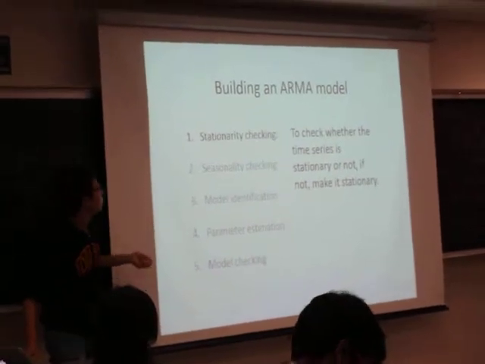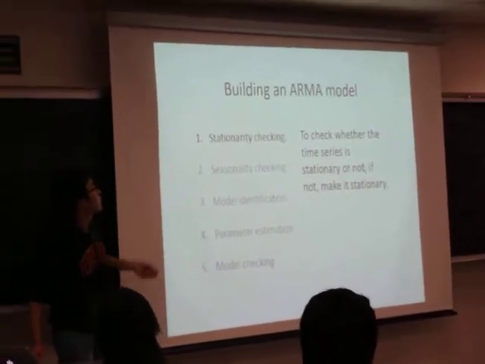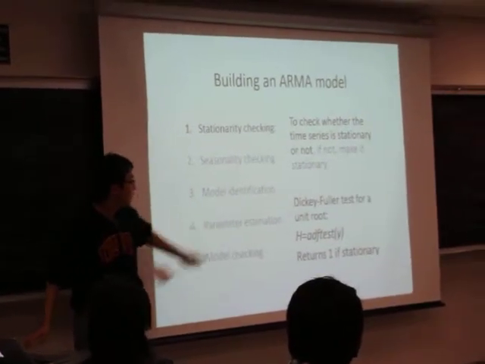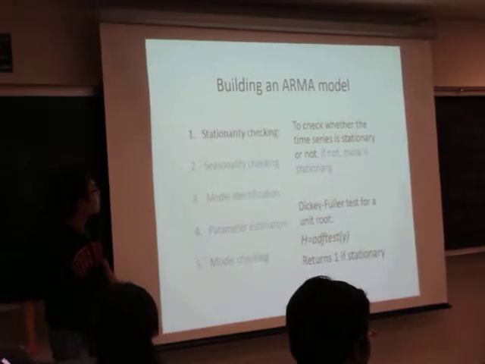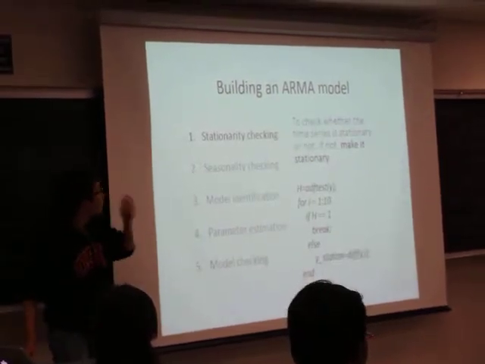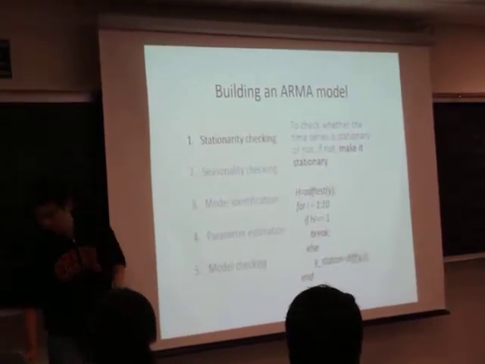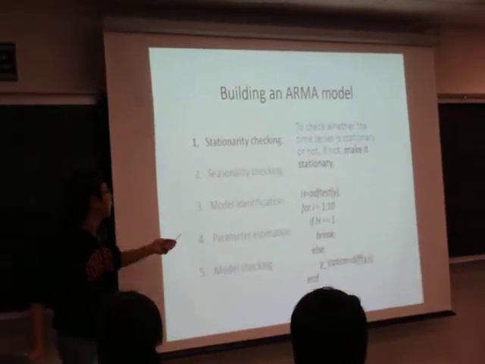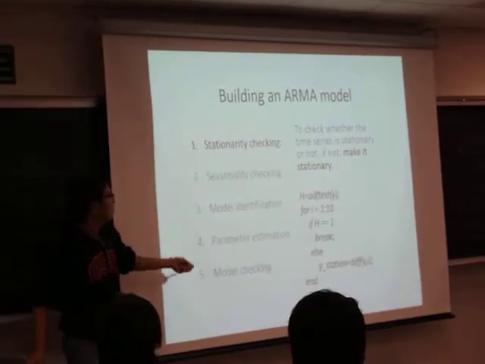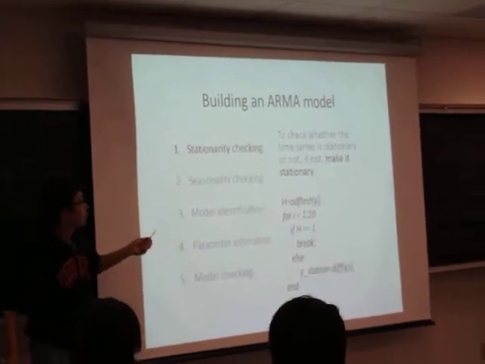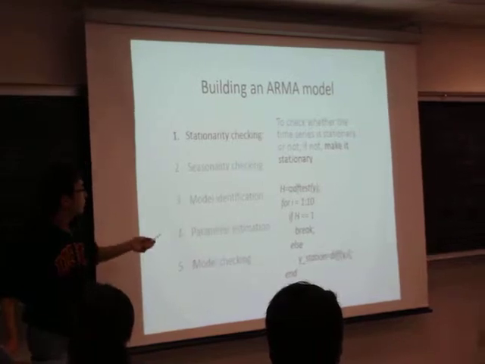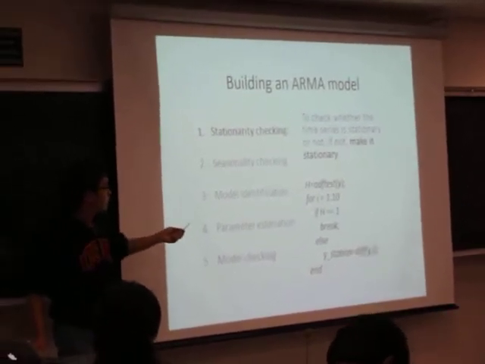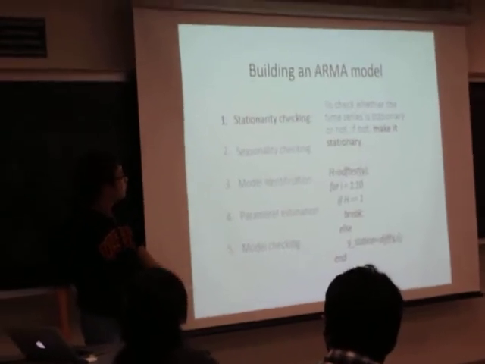The first step is to check whether the series is stationary or not. We use this test, and unfortunately our data does not satisfy the stationarity test, so we need to make it stationary. The way to do that is to take the difference, and luckily our data becomes stationary after its first order difference.